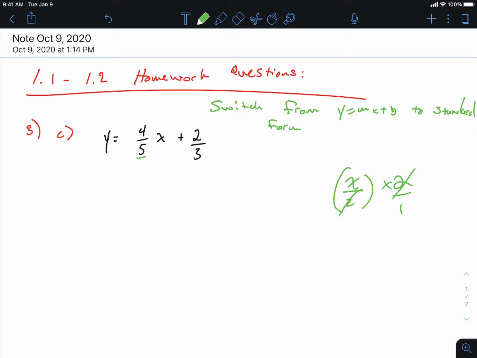I see a 5 here, okay? Which means if I multiply, how many pieces do I have? I've got 1 piece, 2 pieces, 3 pieces, right? So if I multiply each one of those pieces by 5, then the 5 in the second piece will cancel. Okay, so I'll go something like this.